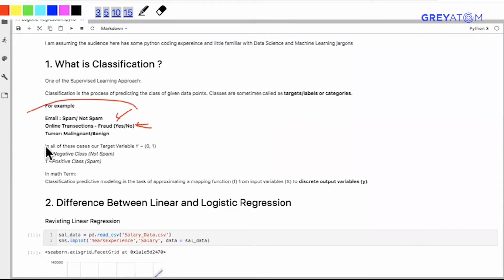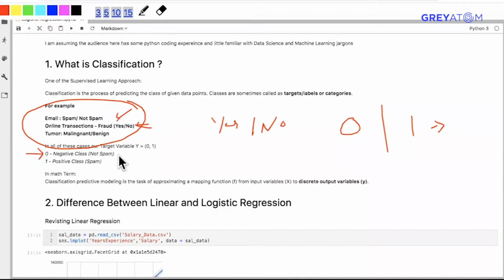In all these problems there is a very common similarity: our target variable y is 0 or 1. It's yes or no, spam or not spam, fraud or not fraud. It's binary, or discrete, in nature. Usually, what is 0 is called the negative class.